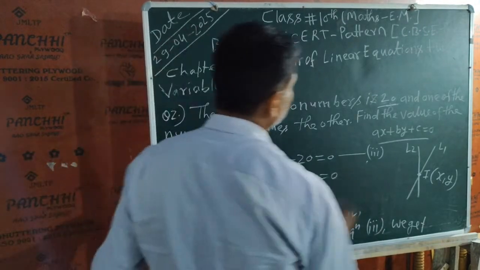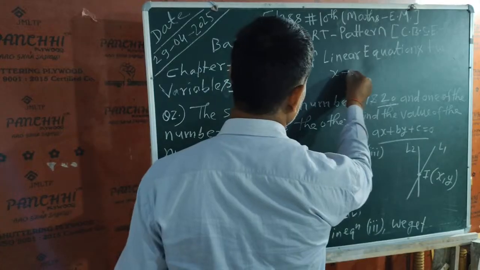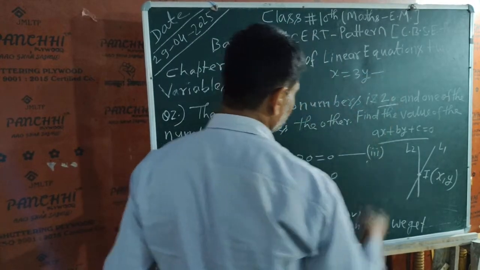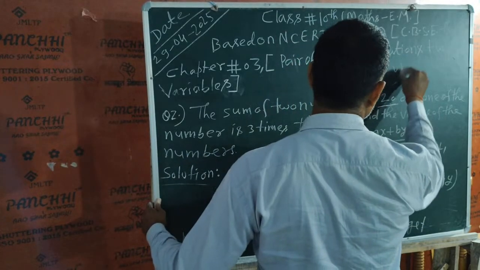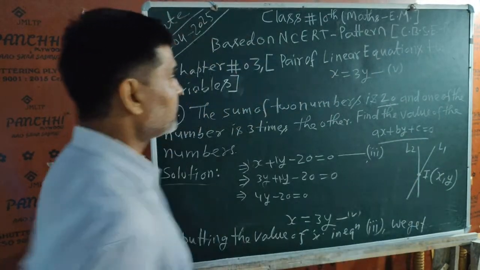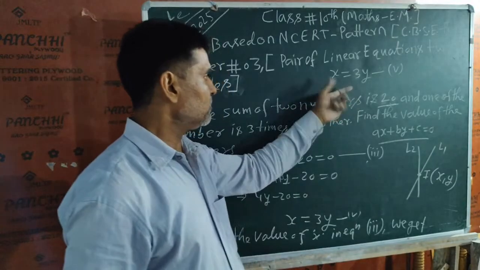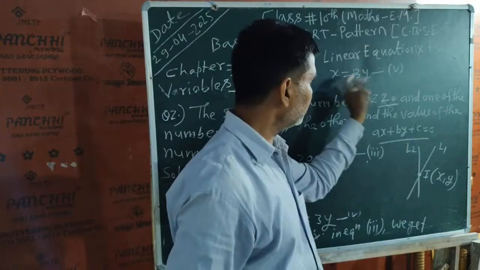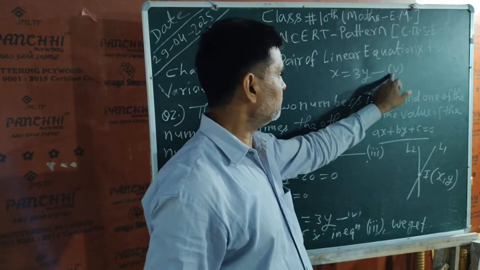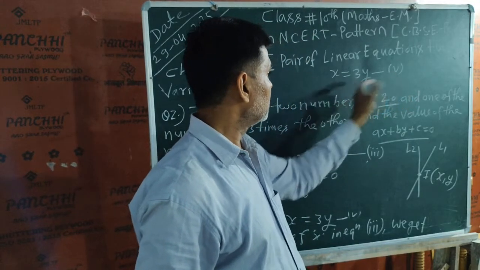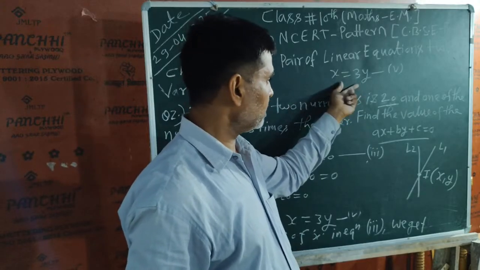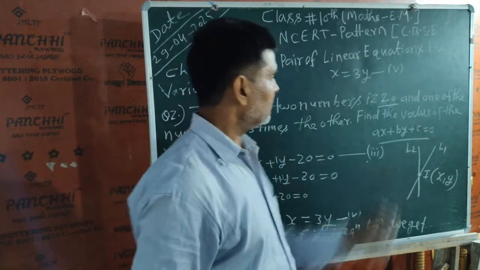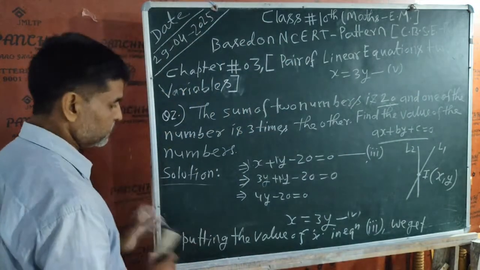Again, I am saving this information here, because after getting the value of y, I will put the value into the equation. I have named this equation, that is, equation number 5. Okay, students.